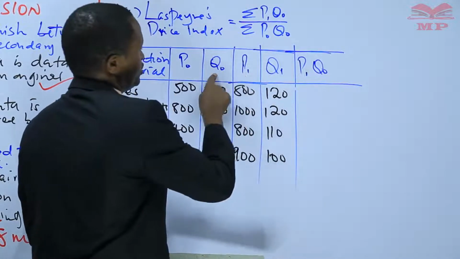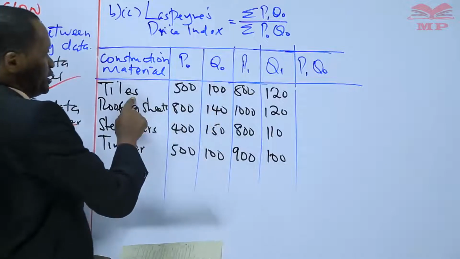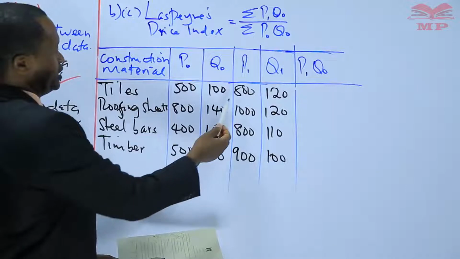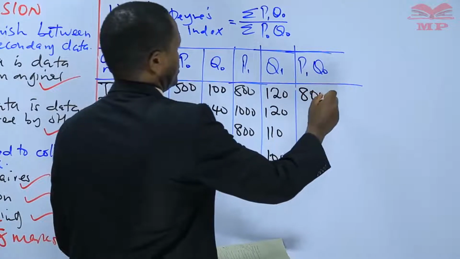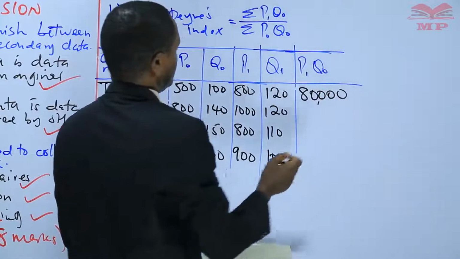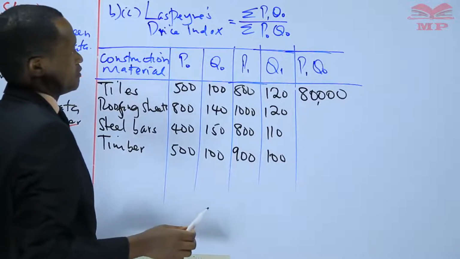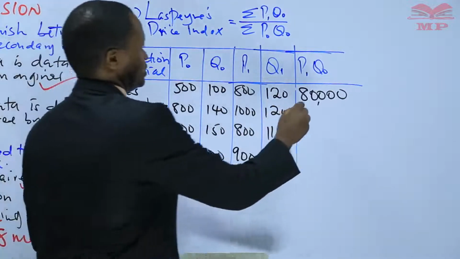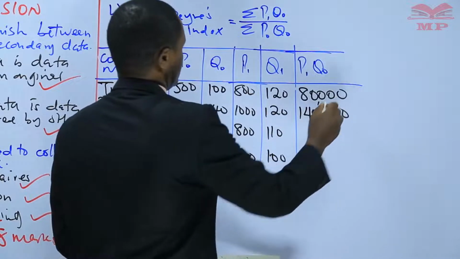P1 times Q0, 800 times 100 for tiles. That gives me 8 and 4 zeros. Then 1,000 times 140 gives me 140 and 3 zeros.